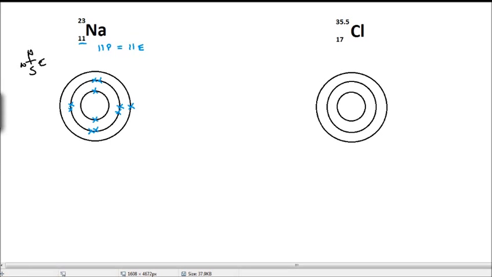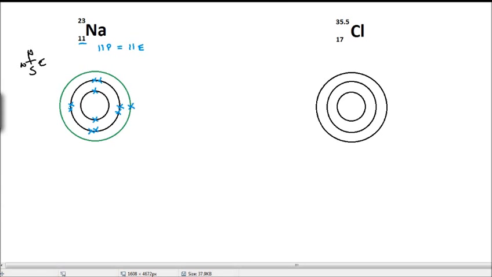Now, this bit's quite important. We need to know a little bit more about the structure of the atom and another phrase. We've already said that all these shells are called energy shells, orbitals, or energy levels. Another name for this outer one here is the valence shell.